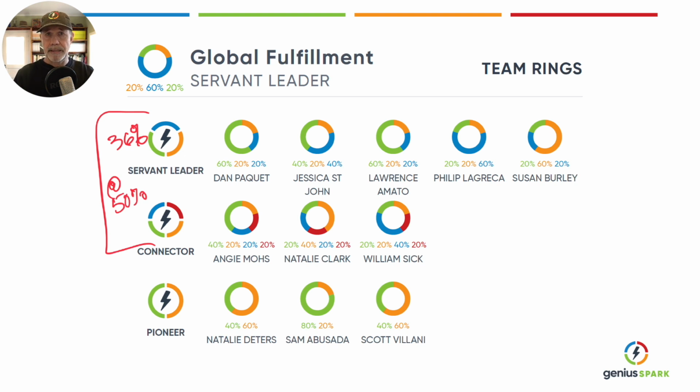When we move down to the next level, we see a leadership style with all four zones. We see the motivating zone red, we see the acting zone that's orange, we see the thinking zone that's green, and we see the relating zone that's blue. These are called connectors. They naturally pick up on all the elements of what makes a team work well. They naturally elevate team performance, and this comprises about 22%.